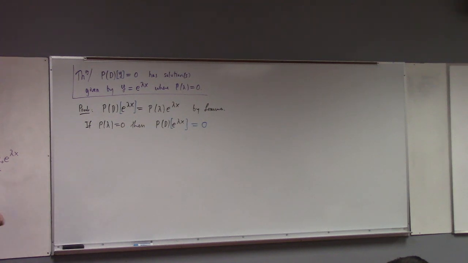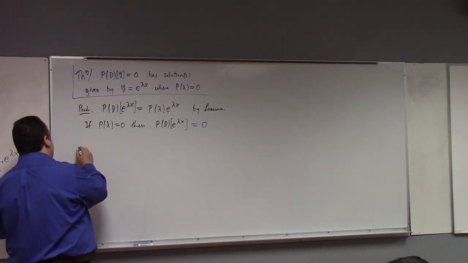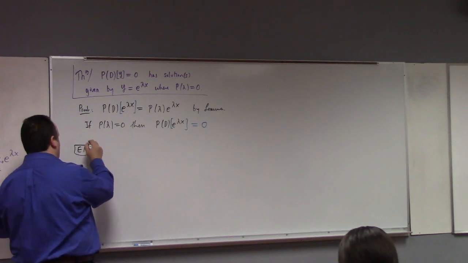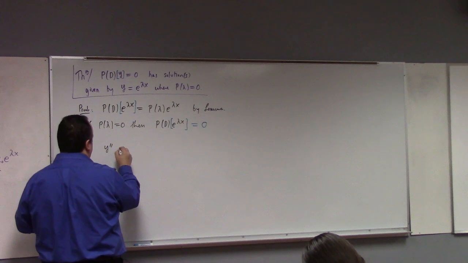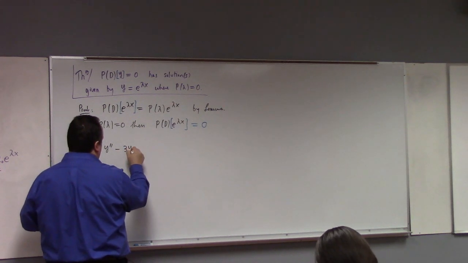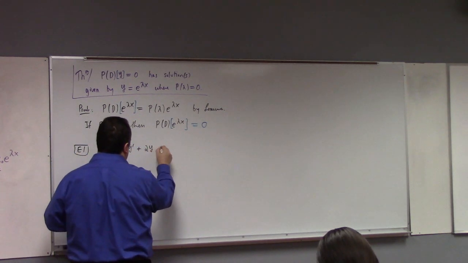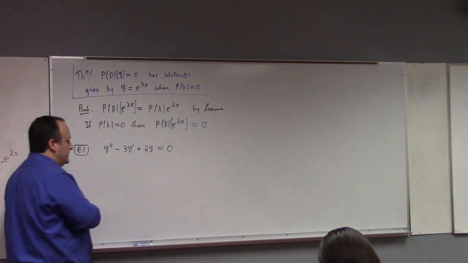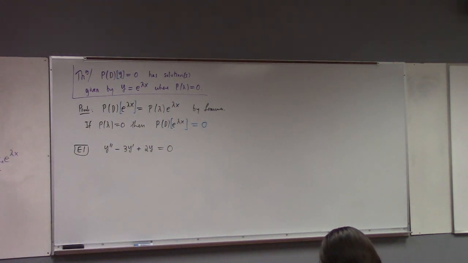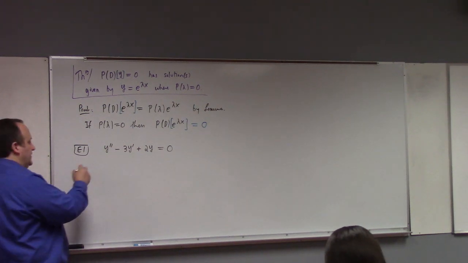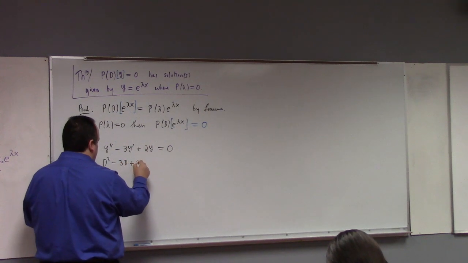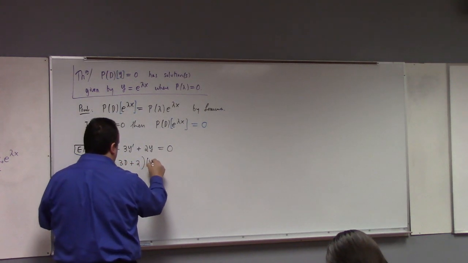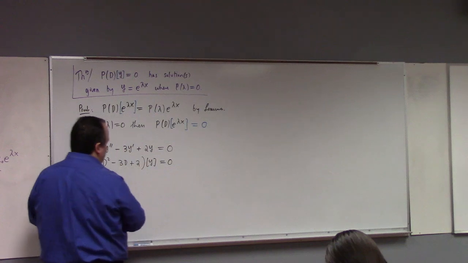Okay, let's solve some problems. Example 1. Suppose I have y double prime minus 3y prime plus 2y equals 0. In other words, this is D squared minus 3D plus 2, and that operator acts on y and gives me 0.